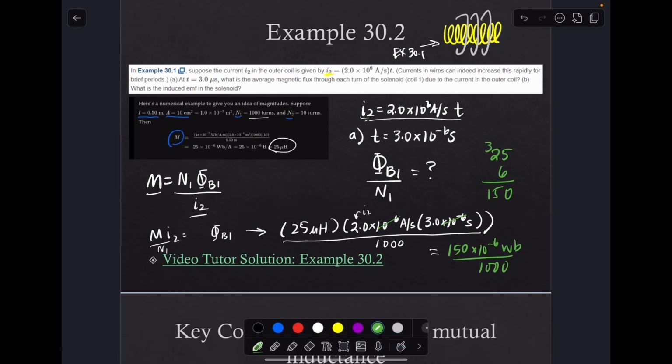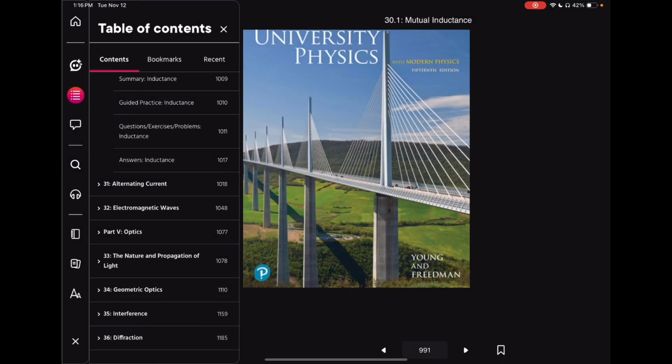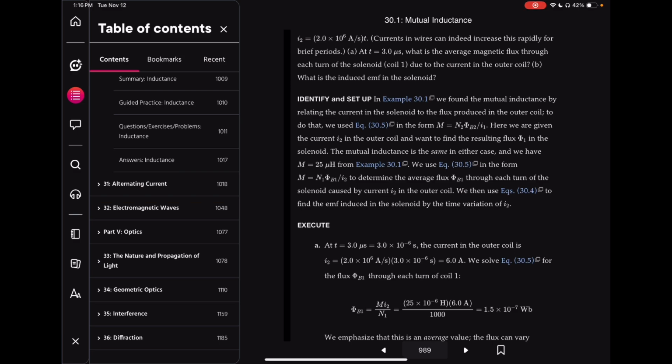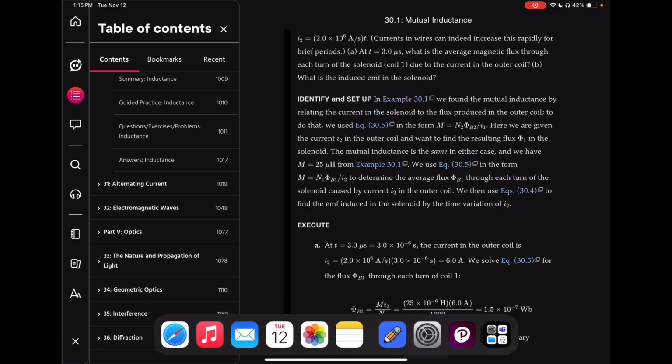So 150 times 10 to the minus 9. Well, that's the same if I move this over 2 decimals. That's 1.5 times 10 to the minus 7 Webers, which is what we saw here. Okay? So not too bad, right?